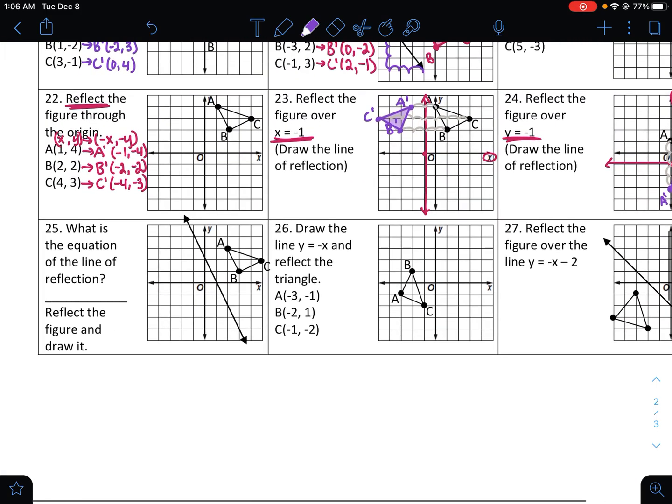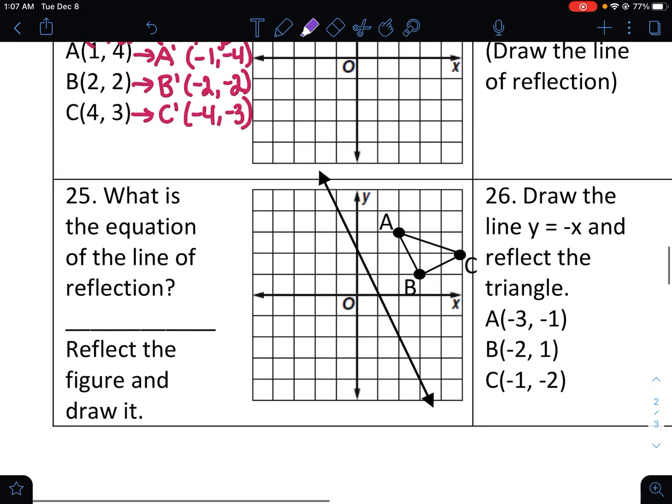All right, number 25. What is the equation of the line of reflection? All you need to do is write the equation of the line right here. Don't forget, y equals mx plus b is the easiest or the fastest way to do that. So I'm going to write that up here: y equals mx plus b. m is the slope, and I see some points here on the line.